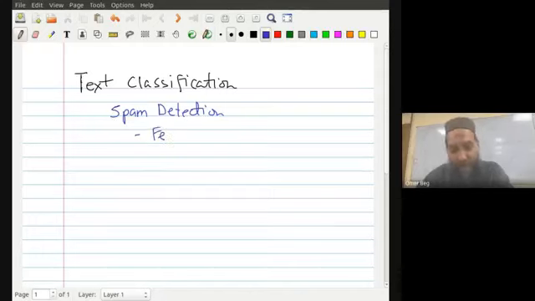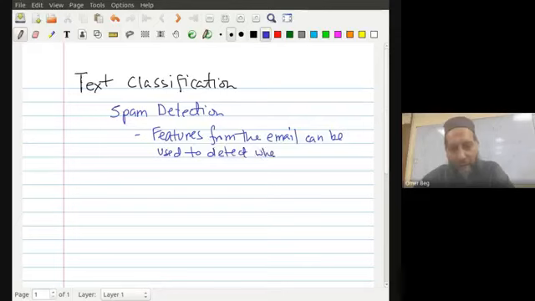Features from the email can be used to detect whether it's spam or not. And these features may be like how it addresses you, what kind of cases it uses, does it use some spam buzzwords, all of these things.